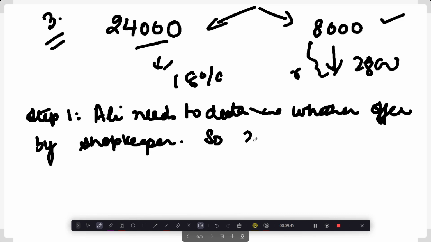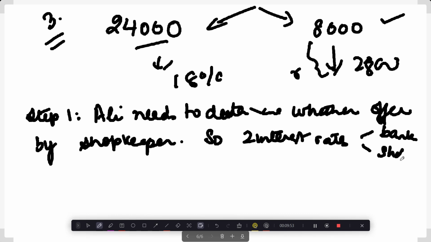So, two interest rates, by bank and by shopkeeper, need to be known. ठीक है. Step 2. Mathematical description.